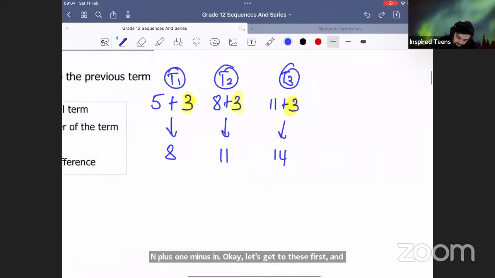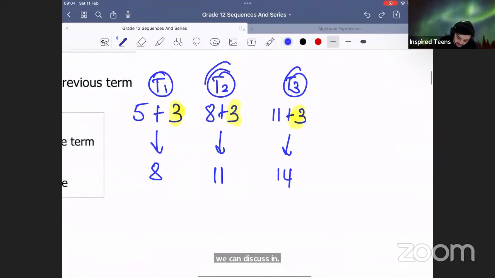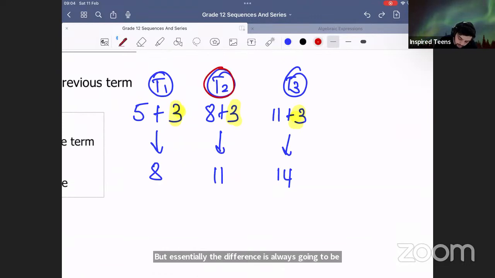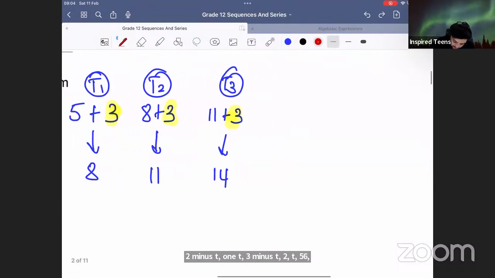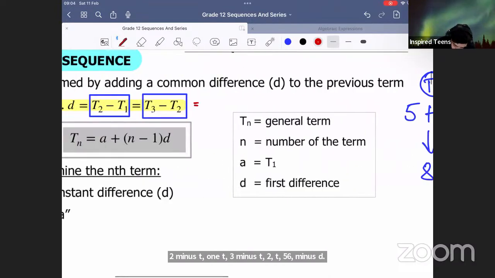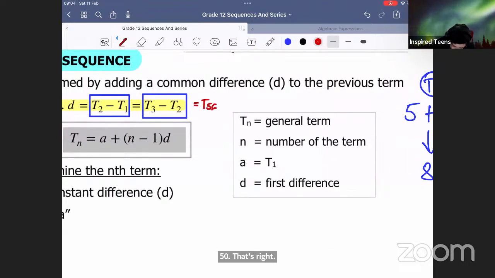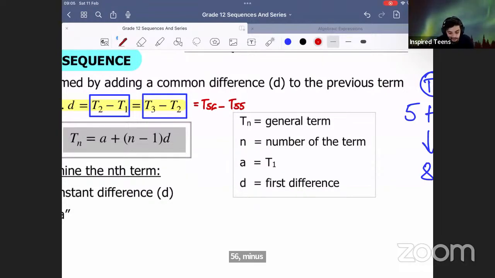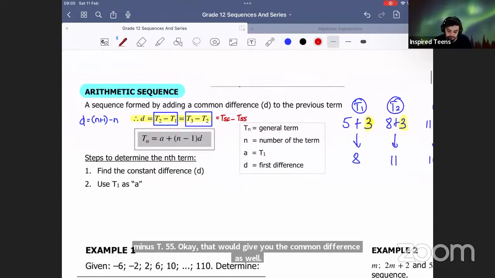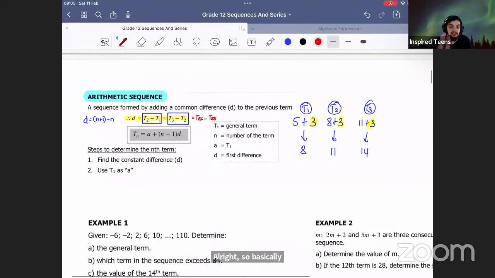Essentially, the difference is always equal to the next term minus the previous term: T2 minus T1, T3 minus T2, T56 minus T50. It could also be T56 minus T55. That would give you the common difference as well. So every single term, previous and following, has that common difference.